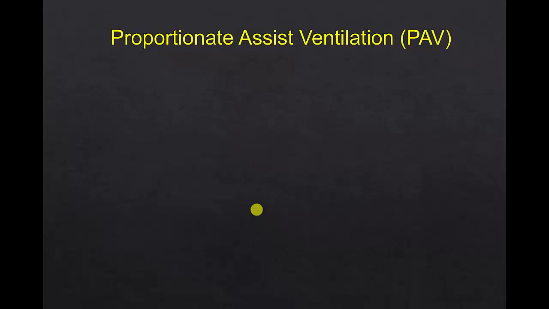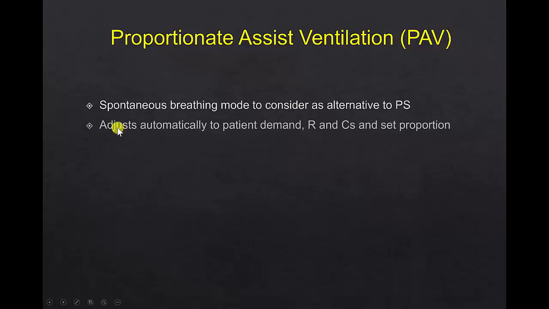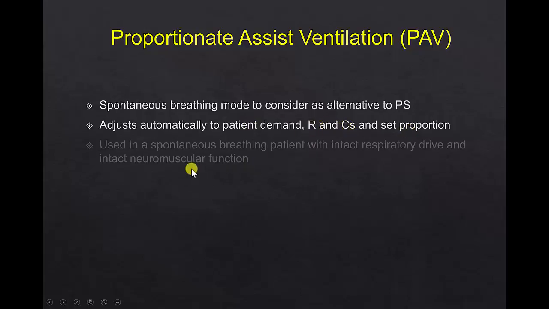Another type of ventilation I'll briefly touch on is proportional assist ventilation. It's a spontaneous breathing mode we can consider as an alternate to pressure support. It has some theoretical advantages. The pressure setting adjusts automatically to patient demand, and the machine does a set proportion of the work of breathing based on patient demand, resistance, and compliance.